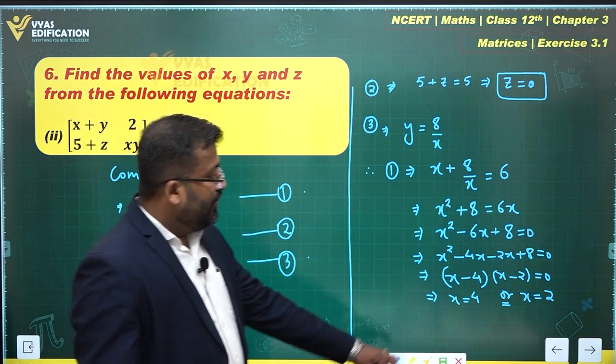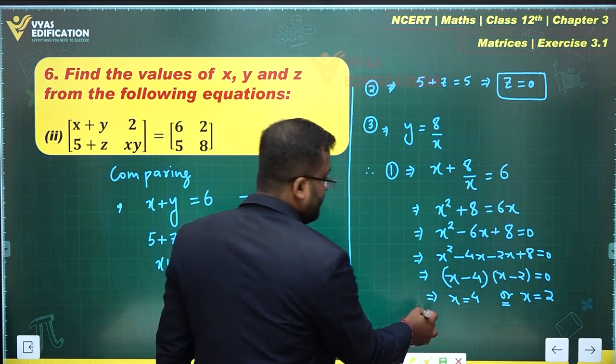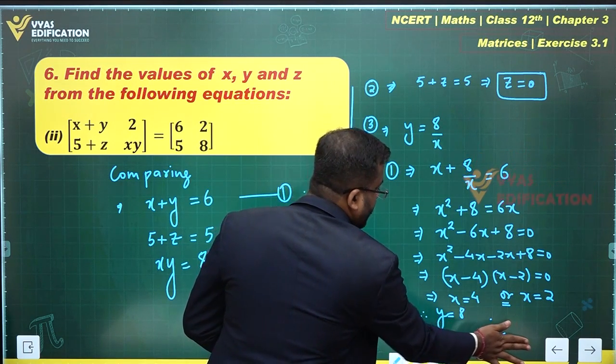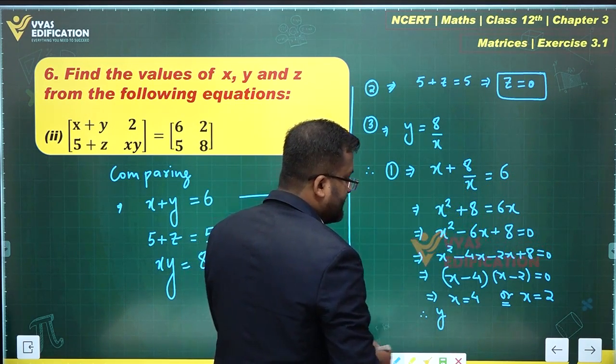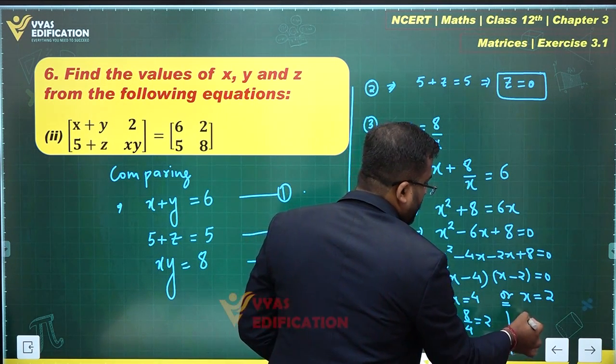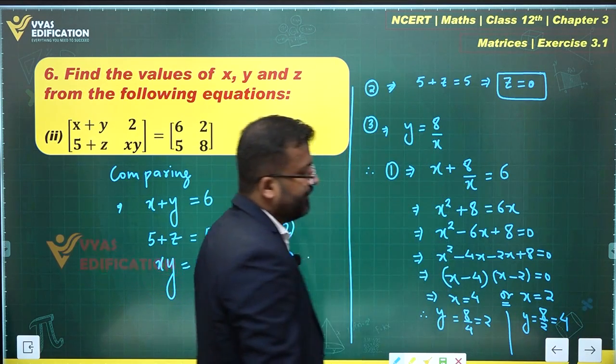If x is equal to 4, then y is equal to 8 upon 4. y is equal to 8 over x, right? So in case of x equal to 4, y is equal to 8 over 4, which is 2, or x equals 2, y equals 8 over 2, which is 4.